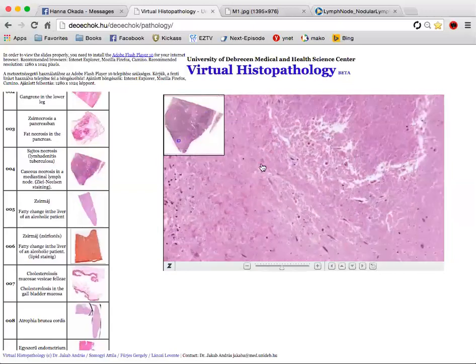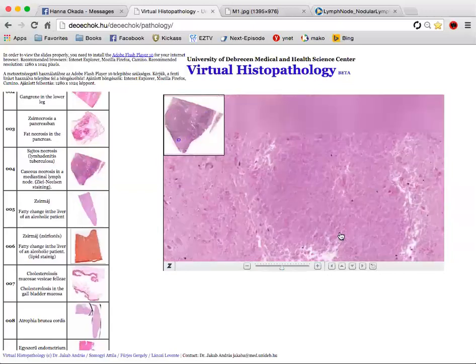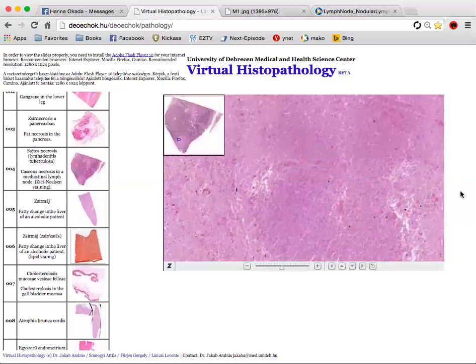And this is necrosis. This is caseous necrosis, or cheese-like necrosis, just because macroscopically it might look like cheese with all these holes.